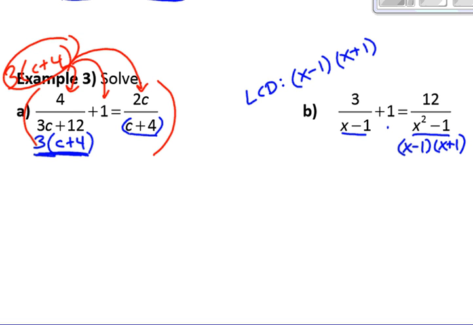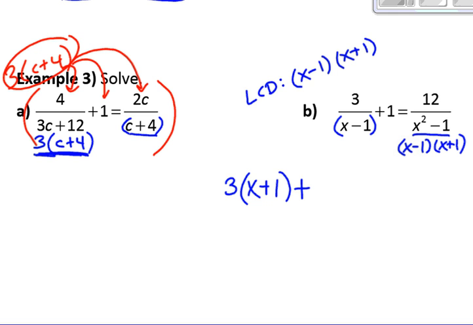Another way you could think of this is like when we were adding and subtracting with unlike denominators. This x minus 1 here is missing the x plus 1, so I'm going to multiply that numerator of 3 by the x plus 1.